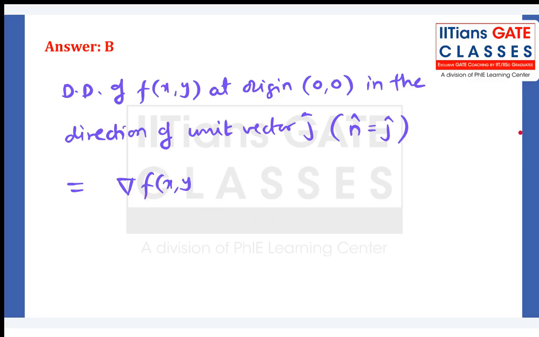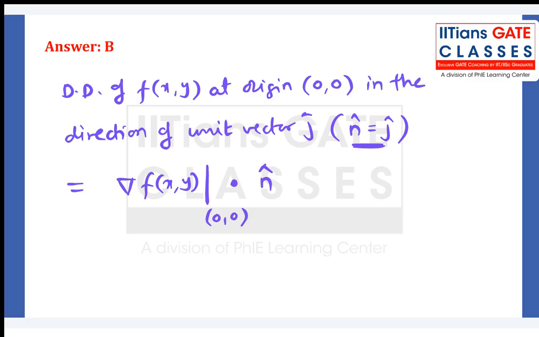Here the point is 0 comma 0, origin, and you have to take the dot product with the unit vector along that direction. In this question, the unit vector is directly given. In many questions, they just give you one vector, so first you have to normalize that vector and convert it into the unit vector form, and then take the dot product.